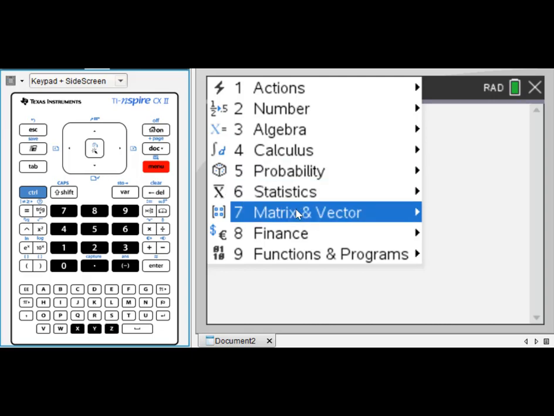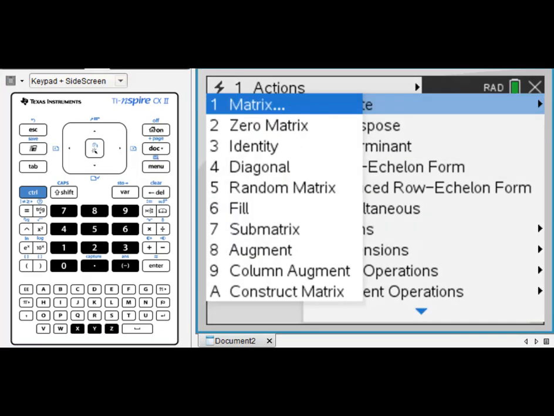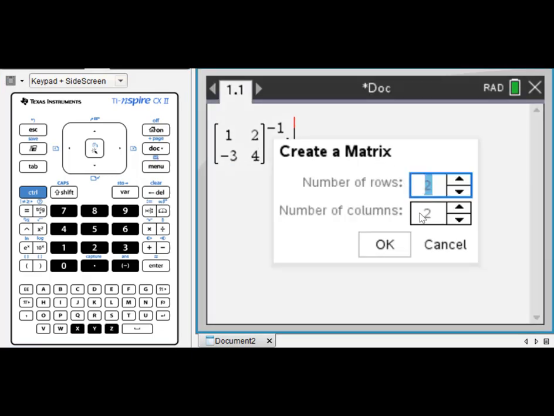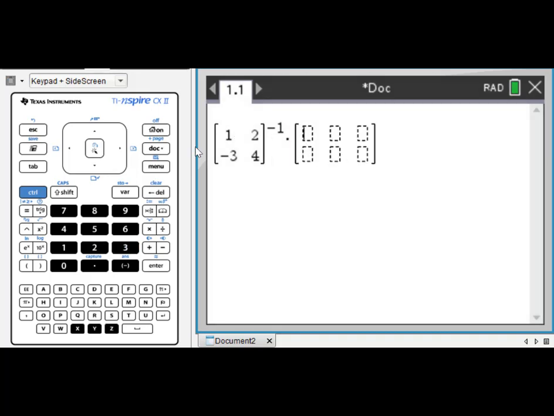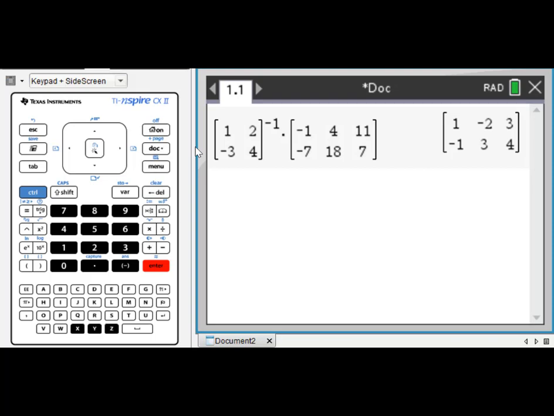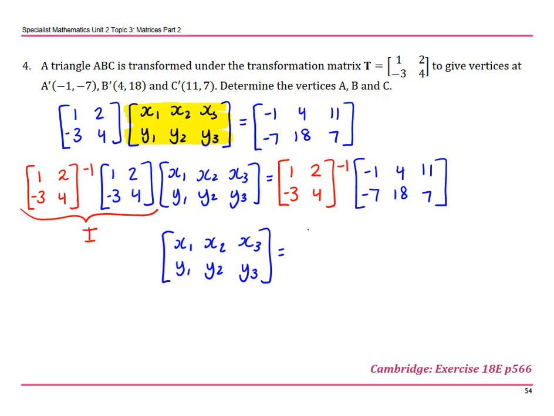So menu, matrix and vector, create matrix, and this is a 2 by 3. So enter that in. You've got -1, 4, 11, -7, 18, and 7. And there's your answer. And we have 1, -1, -2, 3, 3, 4.